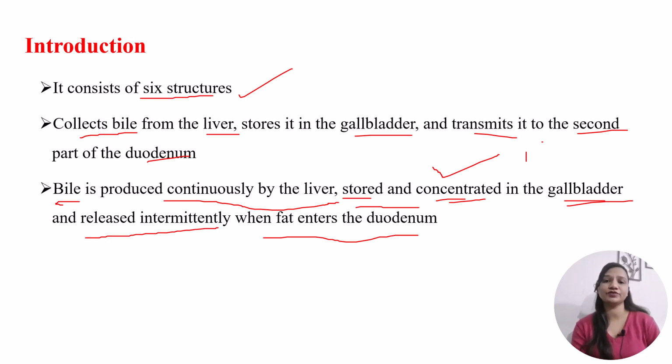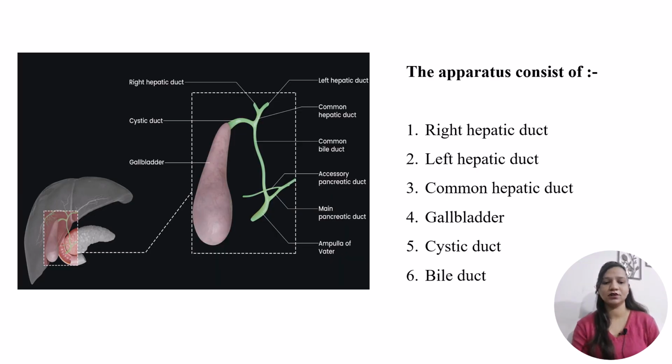So these are the main functions of the gallbladder: it absorbs, it stores, and by absorption it makes the bile concentrated, and it releases bile only when it is necessary for digestion. Okay, so moving on.